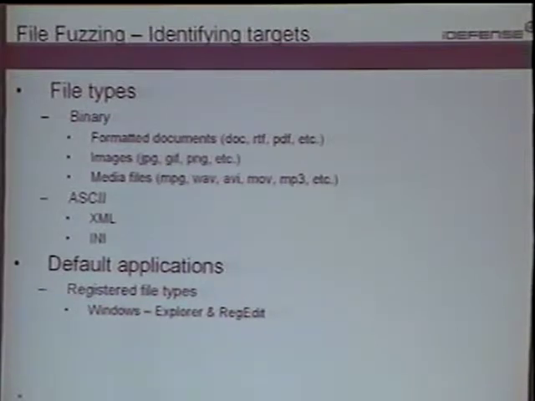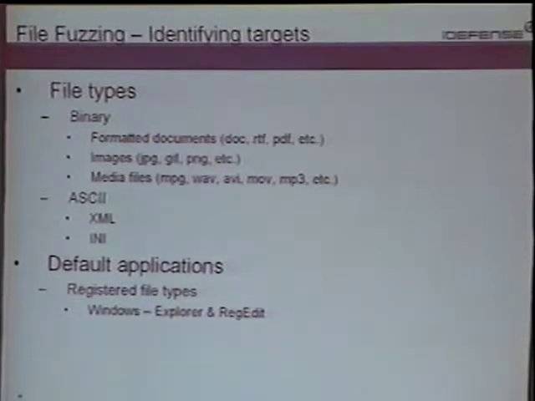So image file formats fall into that, things like JPEGs, GIFs. It's only so realistic to block a file format like that. They're on the web. What are you going to do? Block the internet from your users? Things like formatted documents, Word documents, PDFs, rich text format, and then media files, video and audio files.